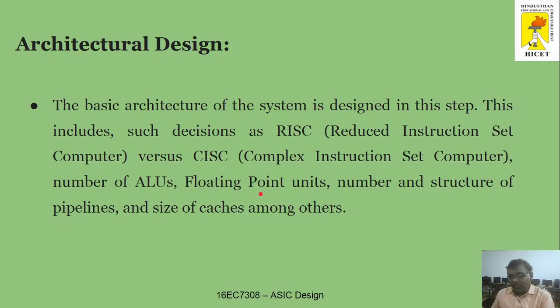For analog, you can take the example of an ADC. An ADC is an analog type of IC, which uses the successive approximation technique. It will involve some digital concepts, but apart from that, analog is very important in it, because it is used to convert the analog value into a digital value. So you need analog devices and analog circuits to be fabricated there. So that is architectural design.